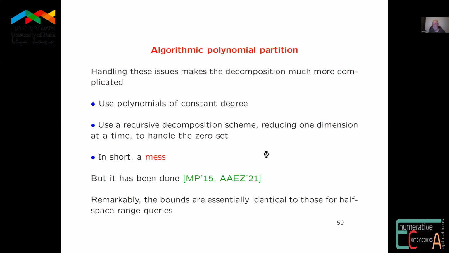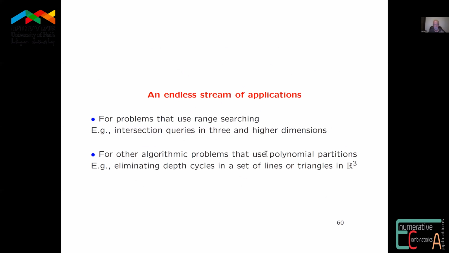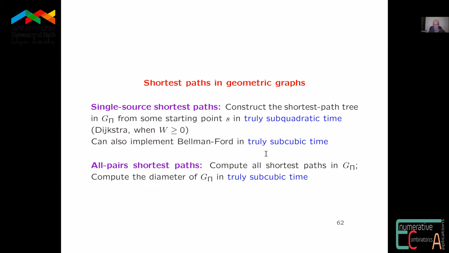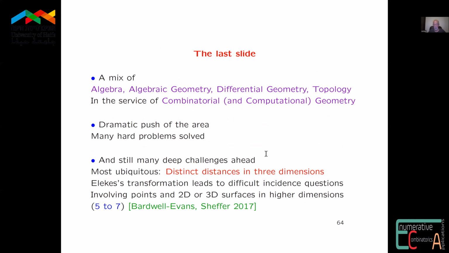Anyway, I really should stop because time tells me to stop. There are applications. I prepared one, which I'll, of course, skip. But let me just end by saying that this is really, at the risk of boring you, a fantastic development, that these tools from algebra, algebraic geometry, and some other branches like differential geometry, topology, and so on, became so powerful in the service of combinatorial and computational geometry.